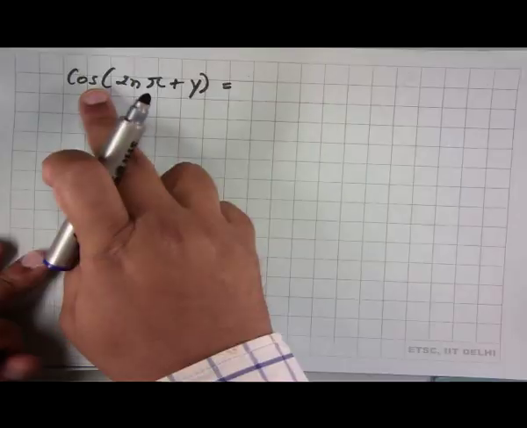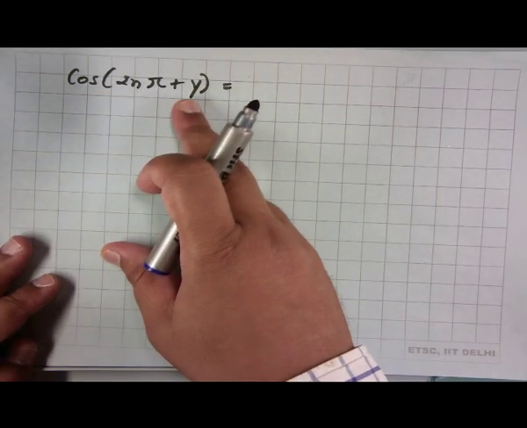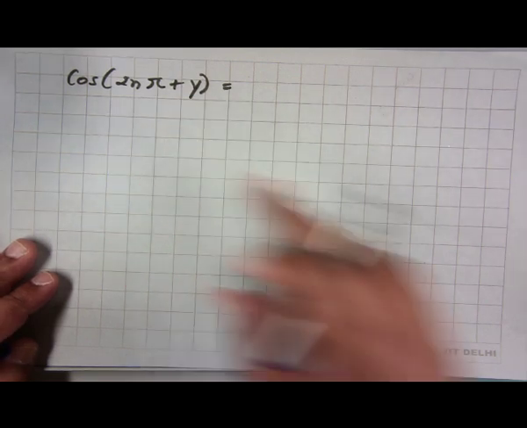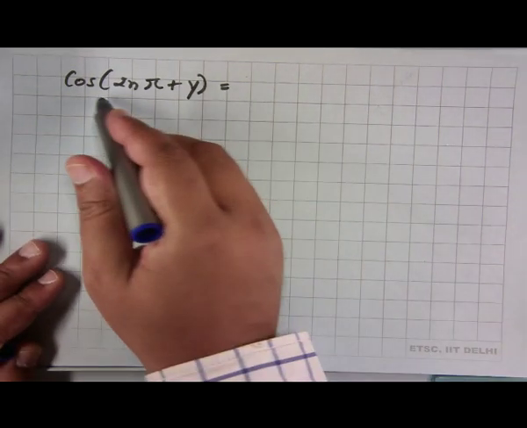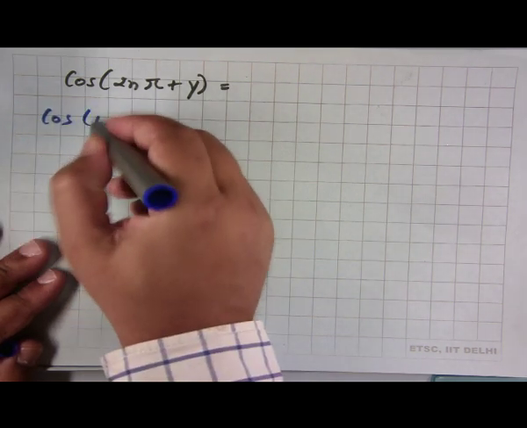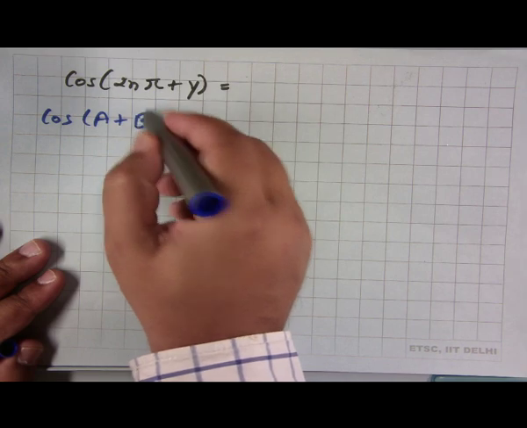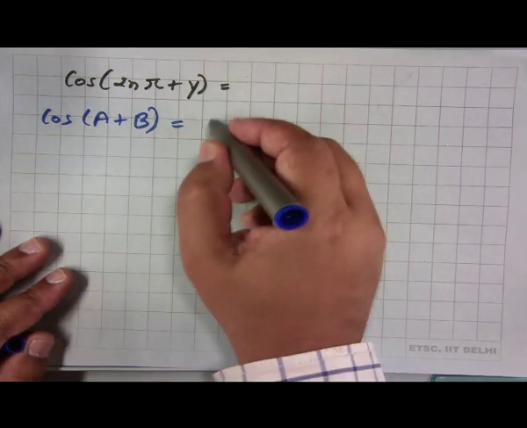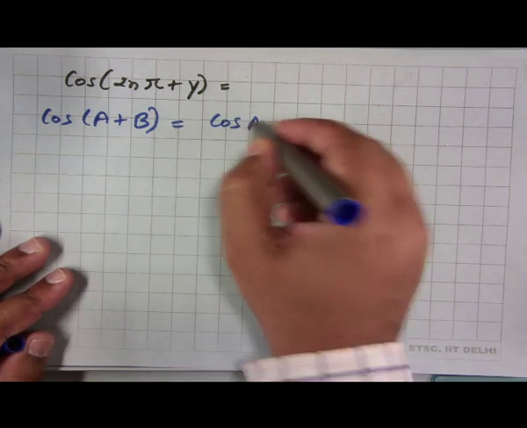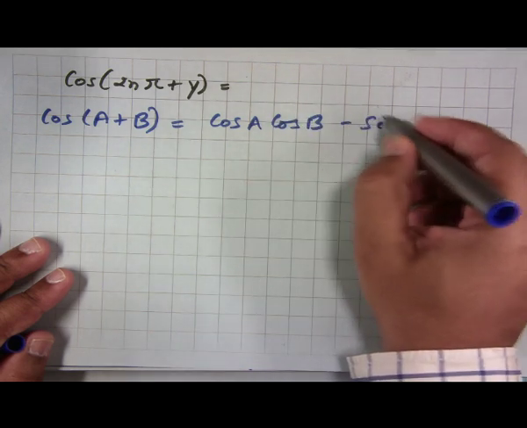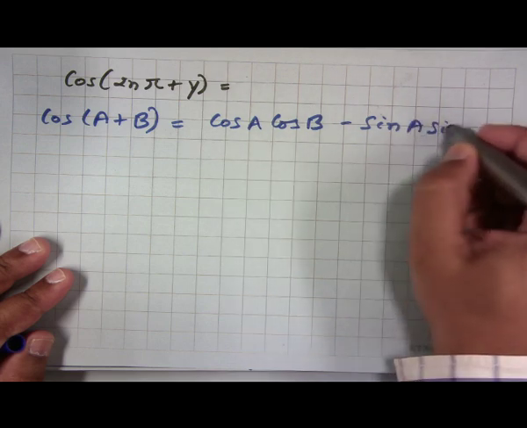So, we have to show that cos of 2n pi plus y is equal to cos of 2n pi minus y is equal to cos y for any integer n. So, of course, here the pattern is cos of a plus b, where a is 2n pi and b is y. So, from our previous lectures, we know that this is equal to cos a cos b minus sin a sin b.